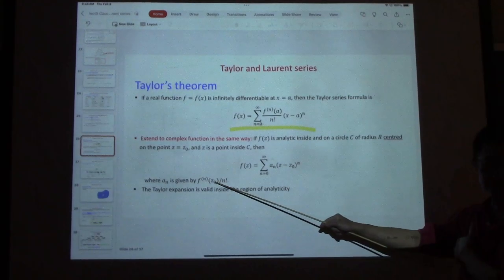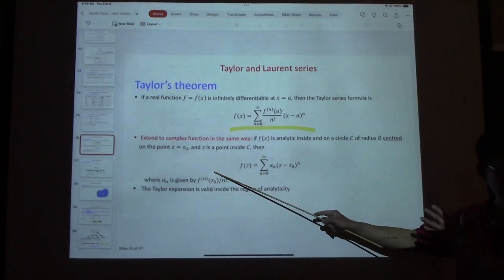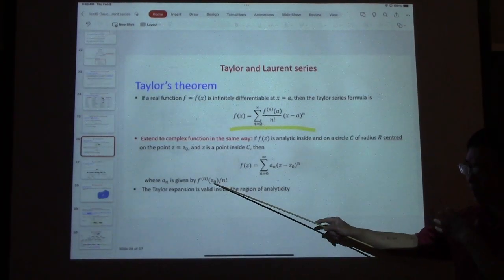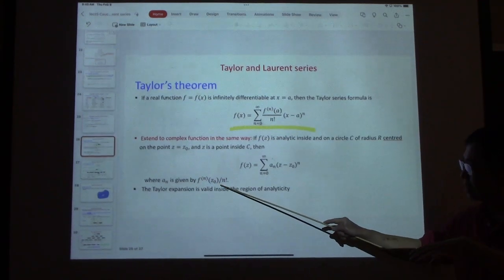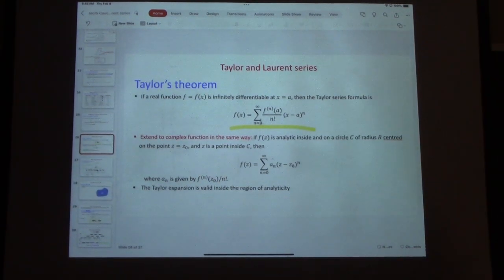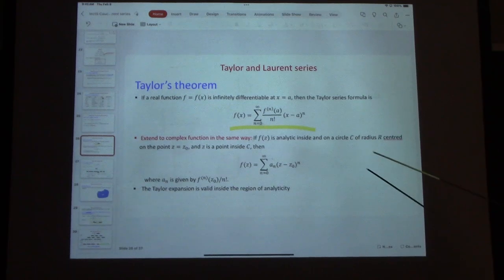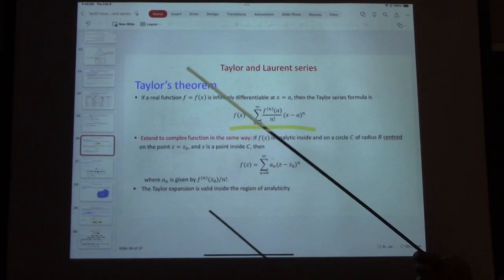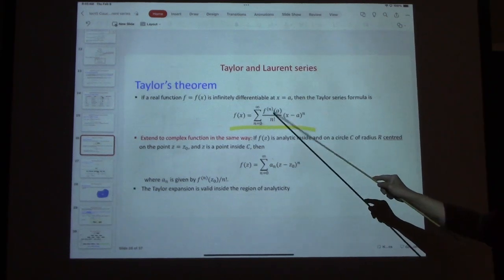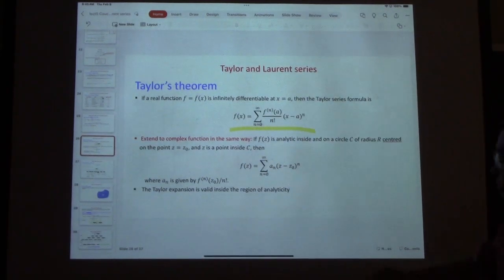It's just the nth order derivative of f at that point, the base point z0 here, divided by n factorial. So if you look at these two, they are exactly parallel. This is just an extension of this formula into the complex realm. Okay, that's it.